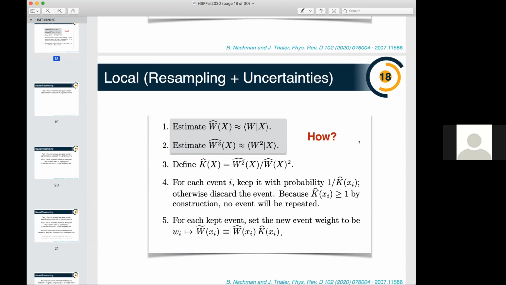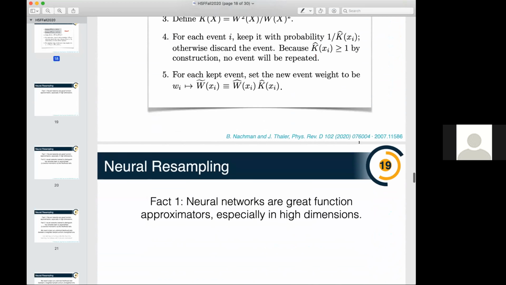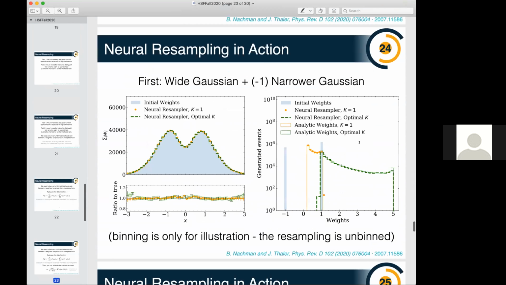Hi, thanks. Interesting talk, Ben. So my question was related to the statistical uncertainty, and in a sense, the possibility of fluctuations in your generated events after you've done the network reweighting. I'm not sure which is the best slide, but one of the ones where you show the number of generated events with the optimal K or the weights.